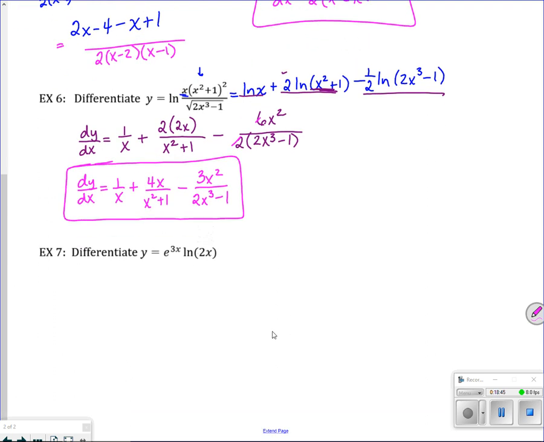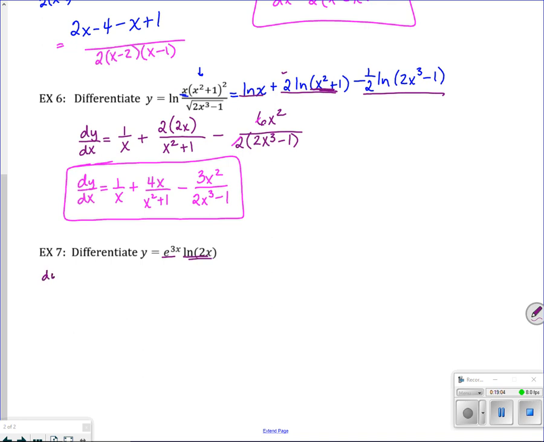All right, last one. So I'm finding the derivative again. Like we talked about, we're just infusing the new material with the old. So I see a product. So I need to remember to do the product rule. So I have first and second.